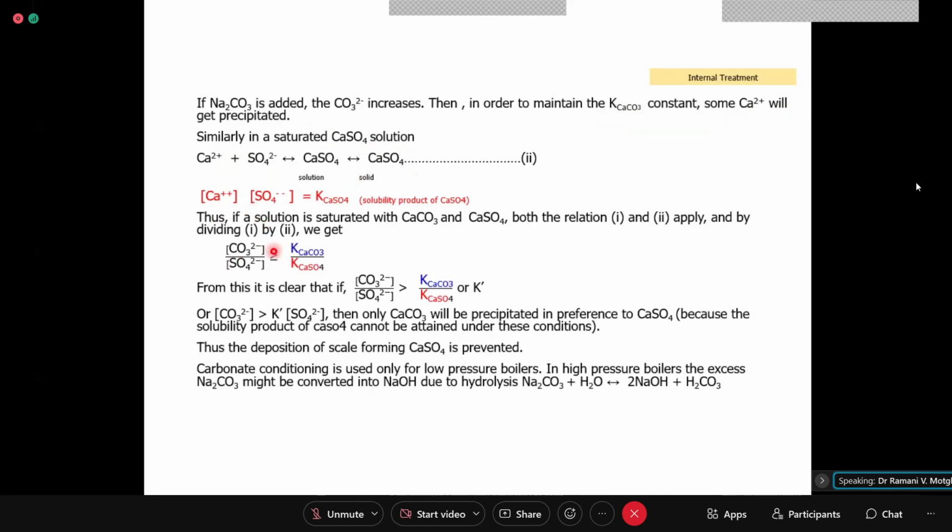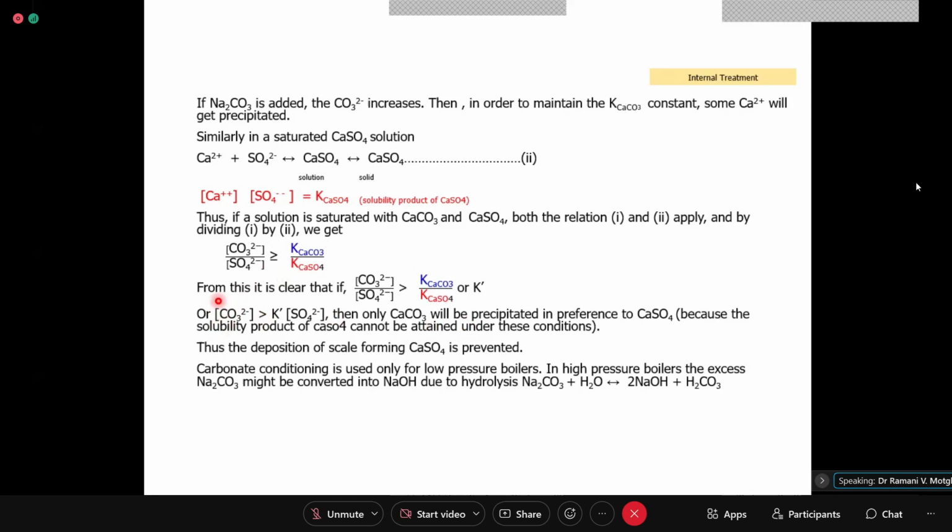Here you divide equation 1 by 2, the carbonate ion concentration by sulfate ion concentration. If this carbonate ion concentration is maintained high, you equate it to K dash, another constant. And if this is maintained high, the Ksp of calcium sulfate will not be attained.